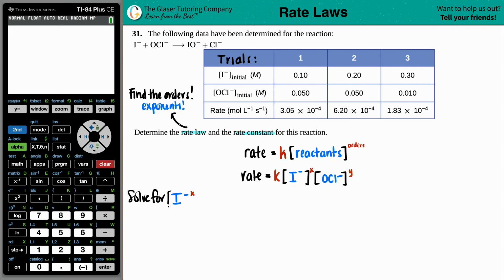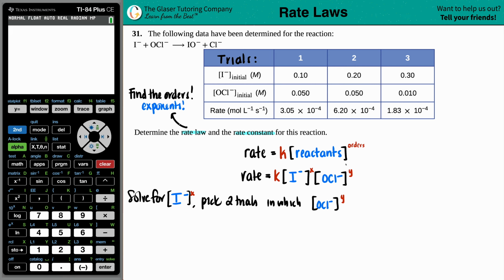So in this case, if we want to solve for the I minus, we need to pick two trials in which the concentration of the OCl minus cancels out. Because if it cancels out in the ratio, goodbye y, you're going to be solving for x.